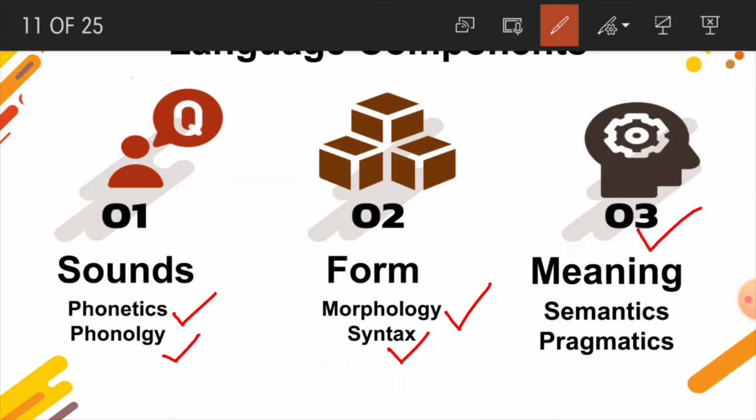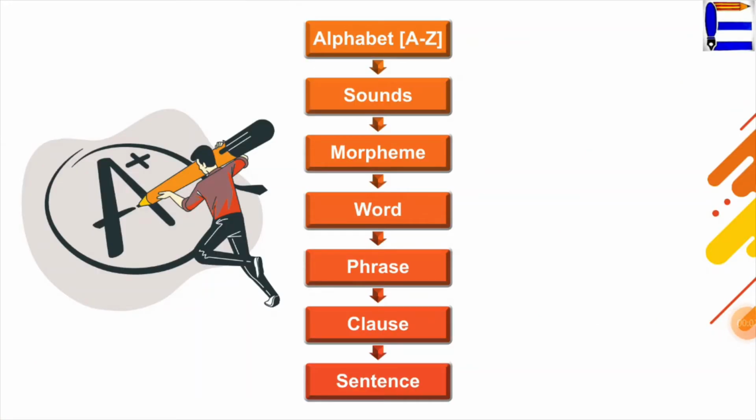Dear students, pragmatics is the branch of study which focuses on the contextual use of language and its meaning, whereas semantics is the study of the literal meaning of words, phrases and sentences in a given text. Now, with the help of this image, you get to know that the alphabet of English makes speech sounds.